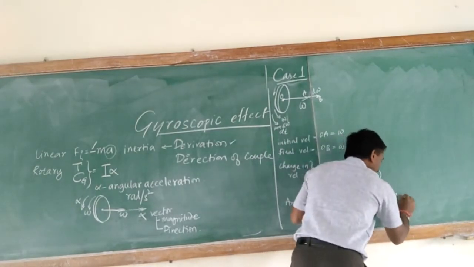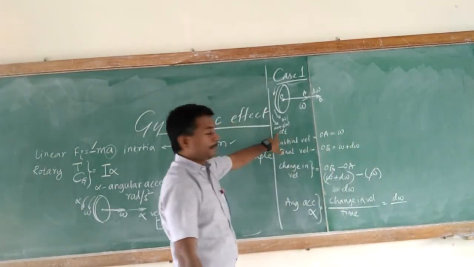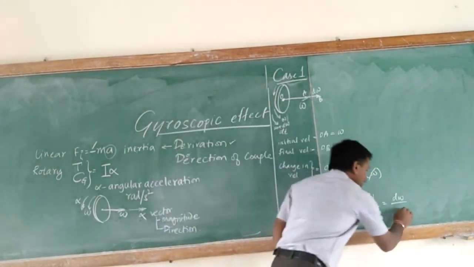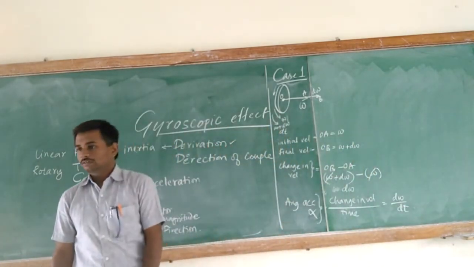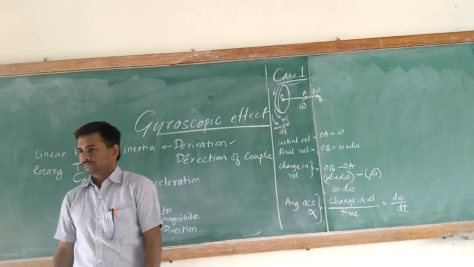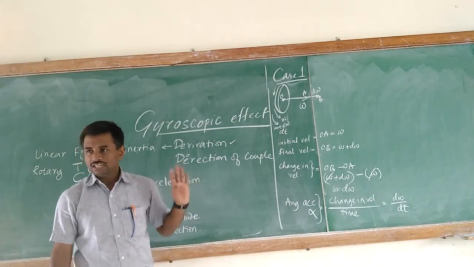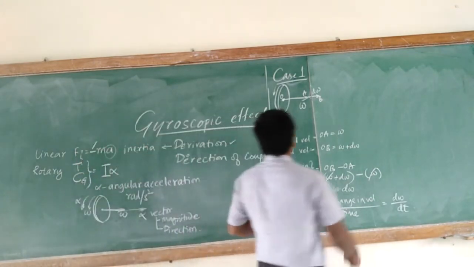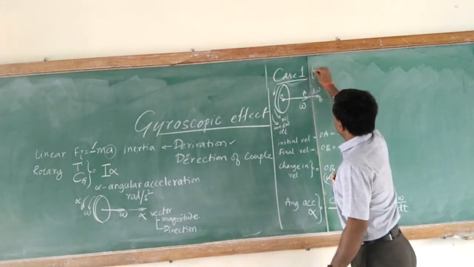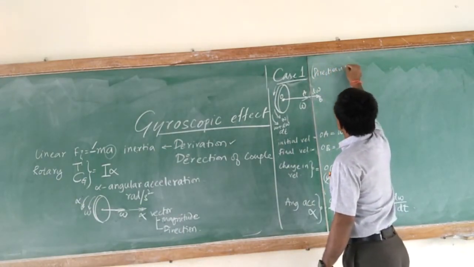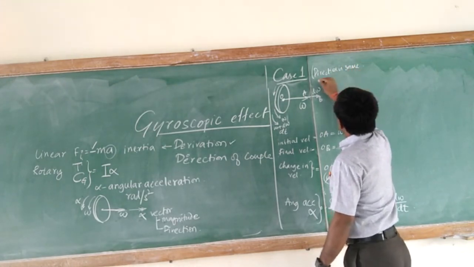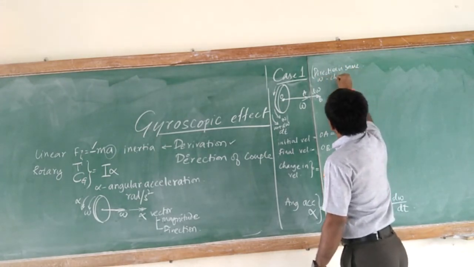And in what time is it changing? dt. So that is the angular acceleration, alpha equals d omega by dt. In which case? Direction is same. So case 1, direction is same and omega is changing.